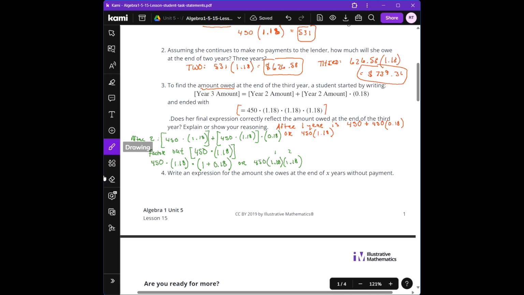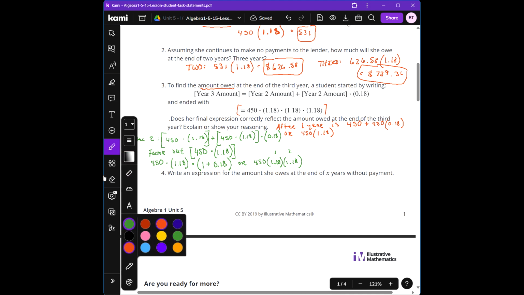So for our third year, we're going to have 450 times 1.18 for the first year, 1.18 for the second year, and 1.18 for the third year. So yes, it does work.